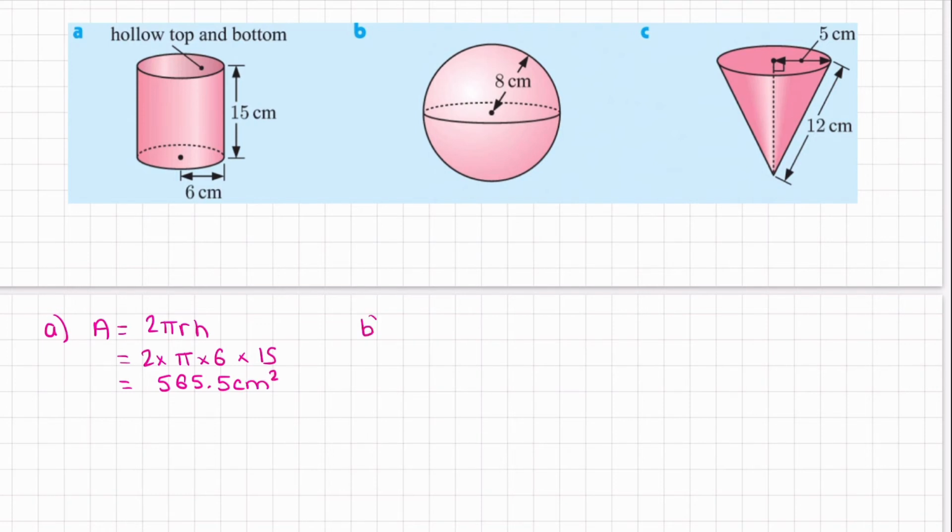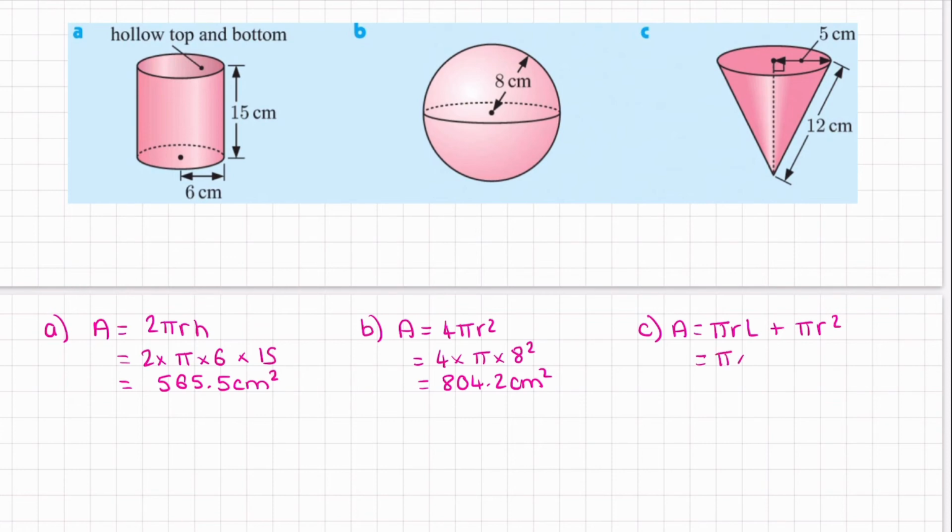B, the area of the sphere is 4 pi r squared. So it's going to be 4 times pi times the radius, which is 8 squared, which will give us 804.2 centimetres squared. And part C, we have a cone, which is the area of the curved side, which is pi r L, plus the area of the circle.